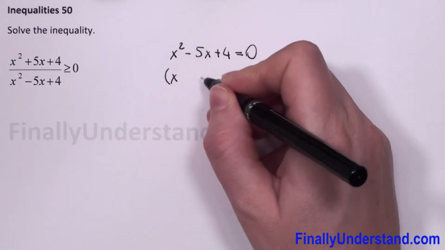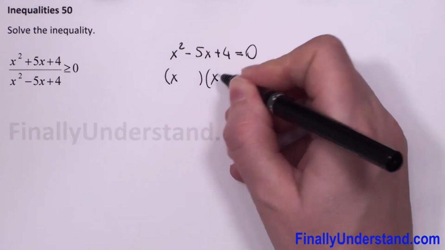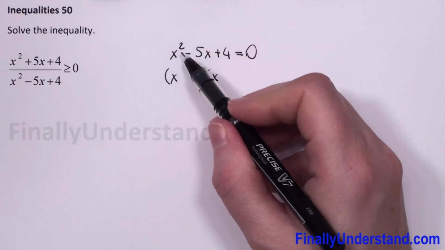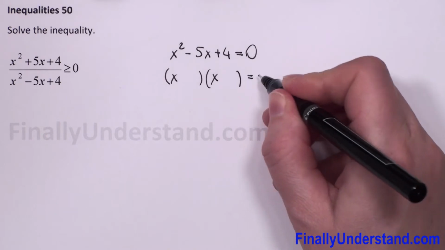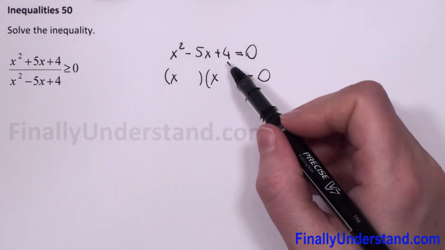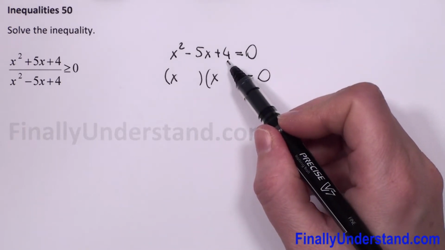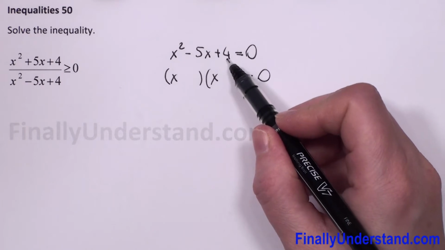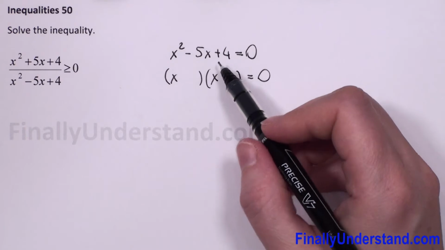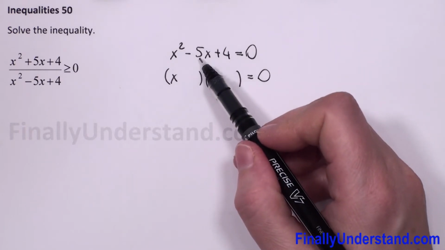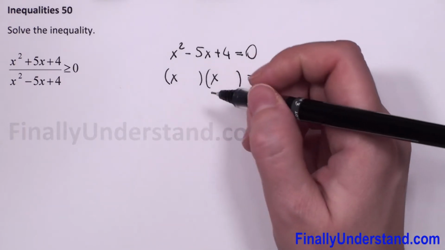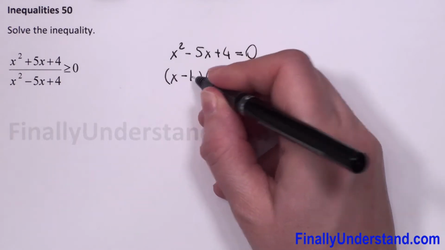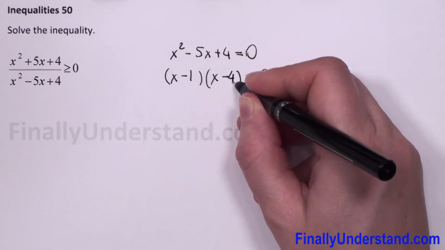So it will be x and x because we have x to the second power, and we have to find two numbers which multiplied by each other give me positive 4, and when I add them I will have negative 5. It will be negative 1 and negative 4.